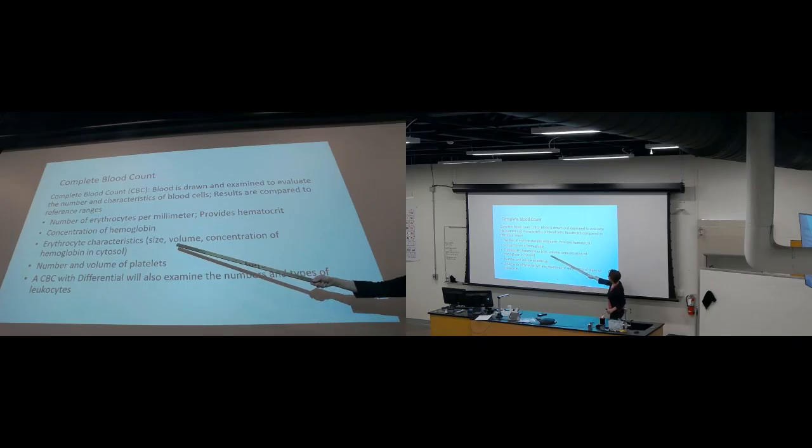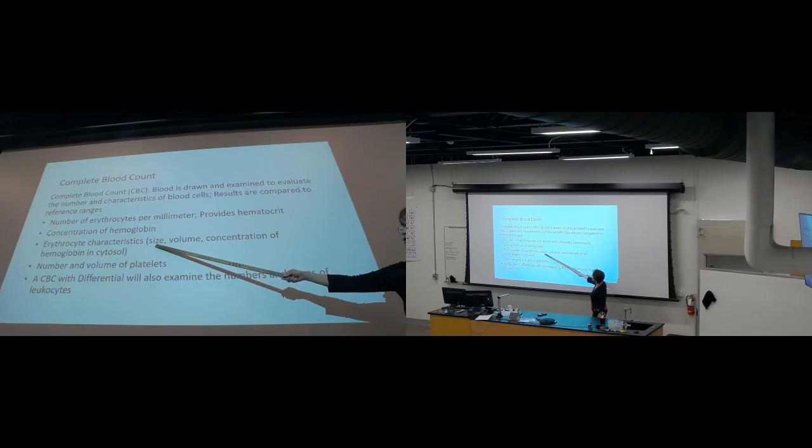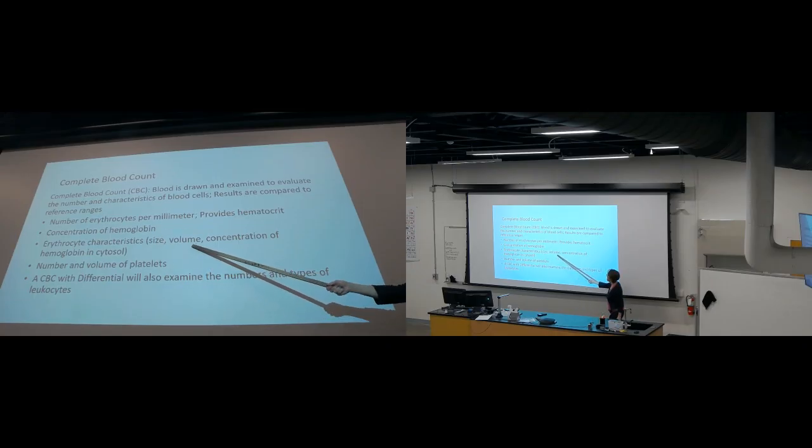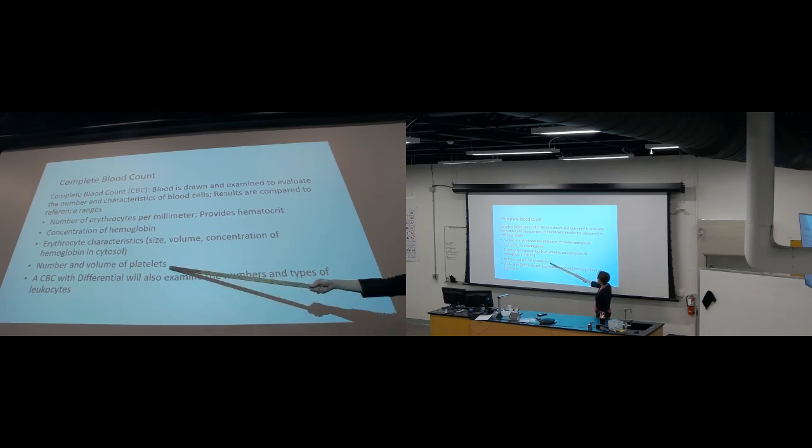And then for the erythrocytes, they can report what the size is, which is typically between 7 to 8 micrometers. The volume is measured in femtoliters, and the concentration of hemoglobin in the cytosol. They can also tell you the number and the volume of platelets.